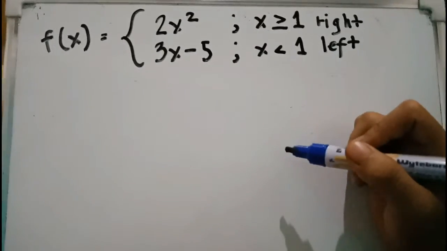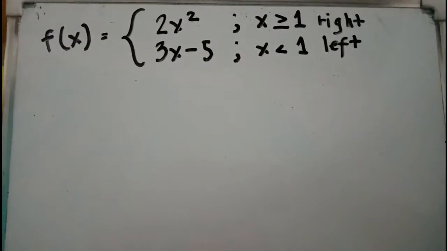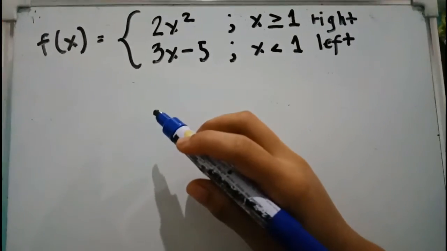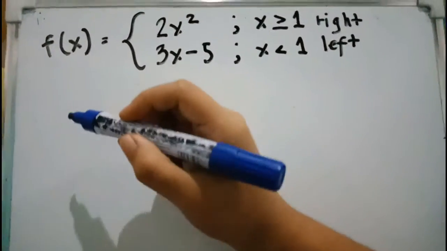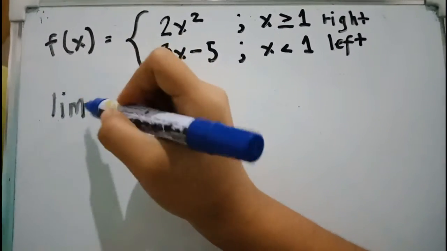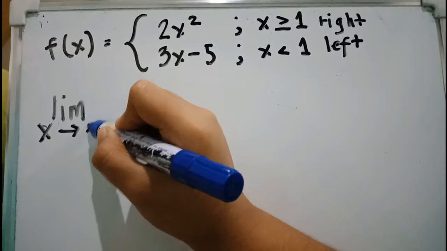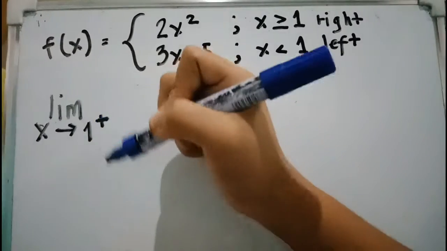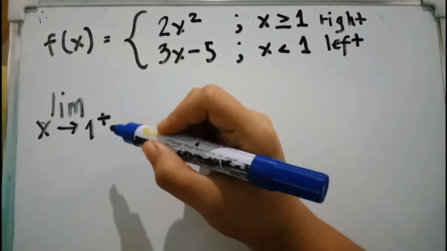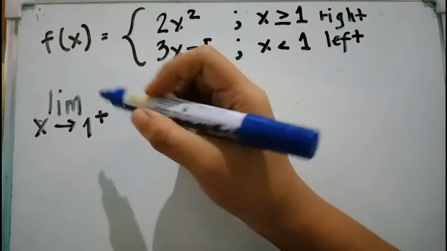Okay, so after identifying which direction each of the functions goes, now we're going to use the three conditions that were said before. The first is we need to identify the limit as x approaches 1 from the positive side. You can start with the direction of left, the negative, or right, whichever you prefer.